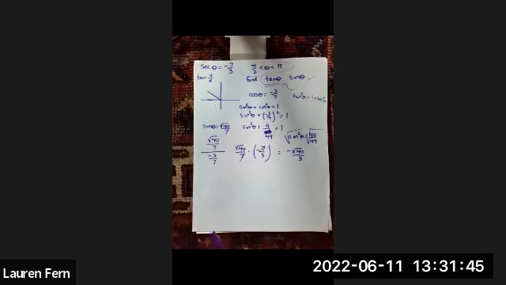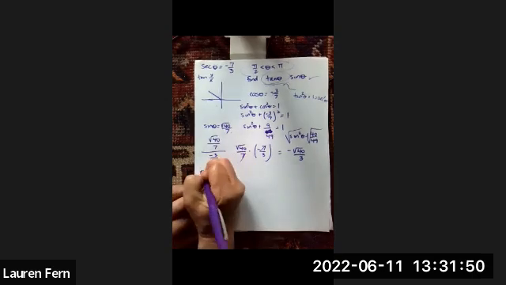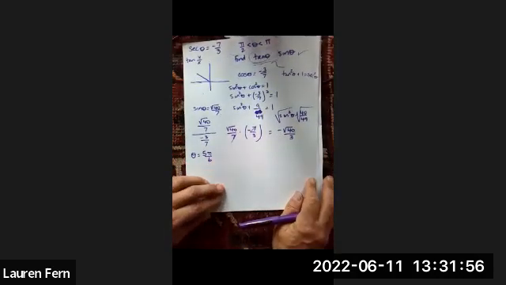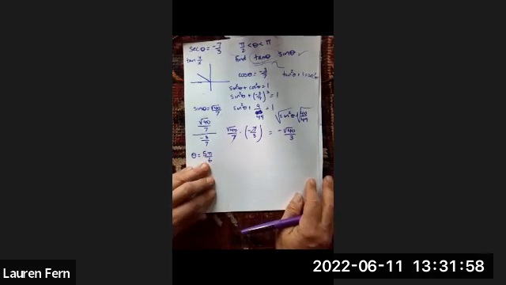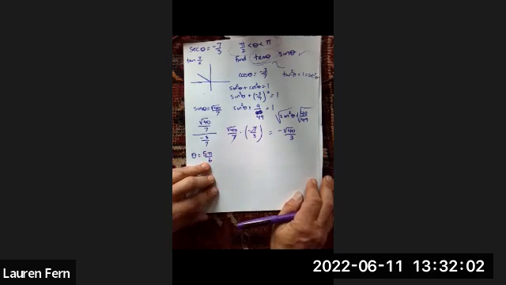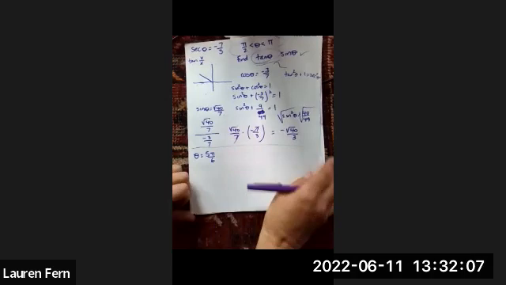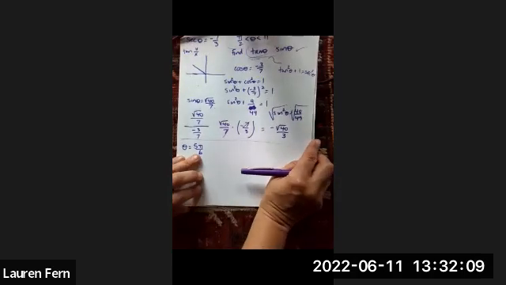So what if I tell you that theta is 5 pi over 6? Well, if theta's 5 pi over 6, again, normally I'm never going to ask you to find anything other than sine, cosine, tangent.